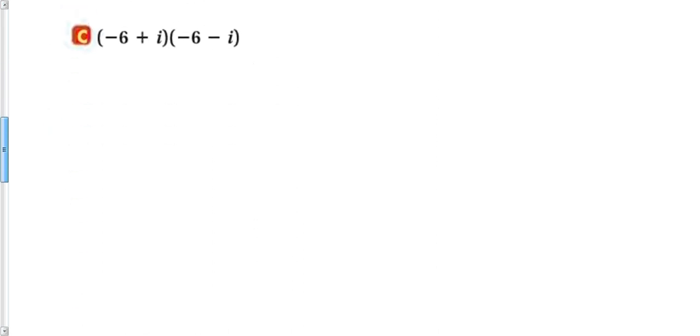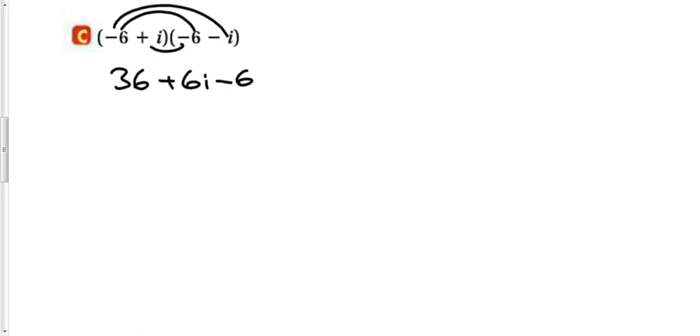Now, sometimes something special can happen. As we're looking at this, I notice that the real parts are the same and the imaginary parts are opposite. I have plus i, I have minus i. Let's see what happens. Negative 6 times negative 6 is positive 36. Outside, negative 6 times negative i, that's plus 6i.